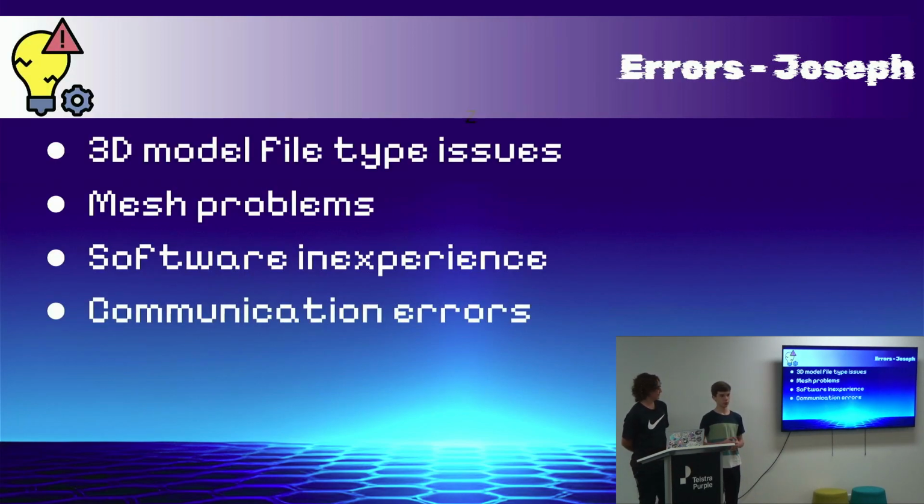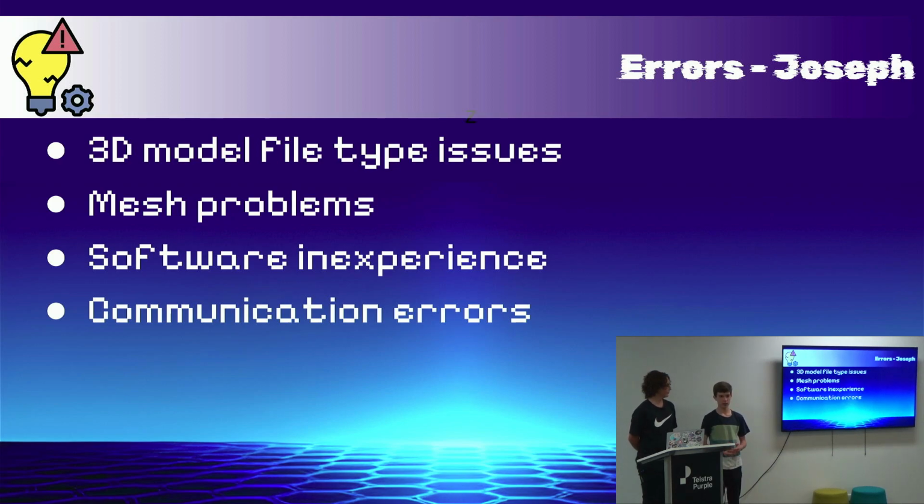Some errors I had during the design process were 3D model file type issues. An example of this was using OBJ or 3MF files instead of FBX, which led to problems in the 3D viewer, such as the material not being able to be viewed or it just not showing up at all.